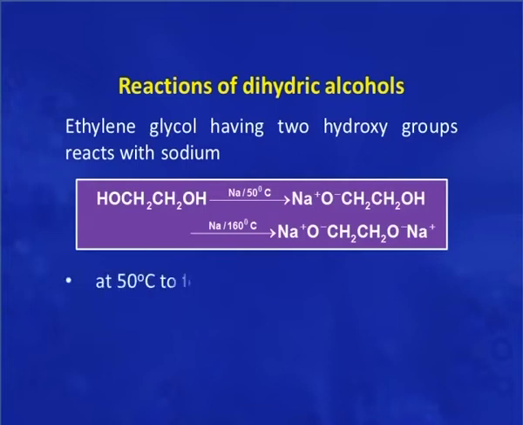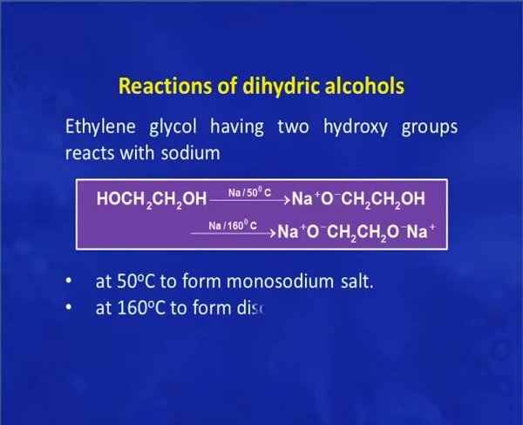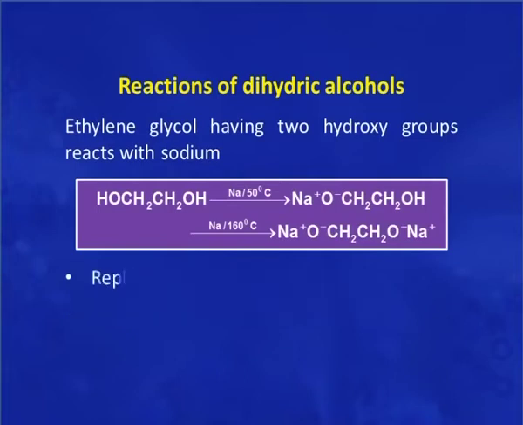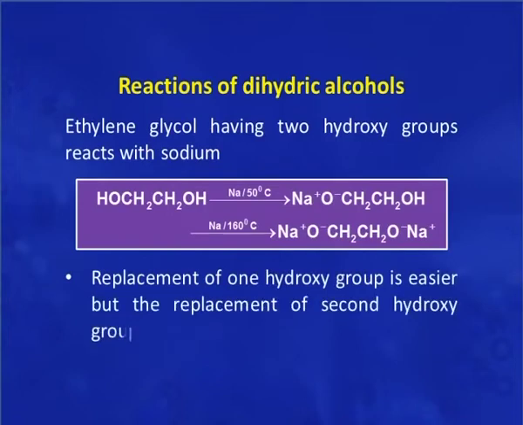You can see here that at 50 degrees, when the reaction is done with ethylene glycol, monosodium salt is formed, but if we keep on heating the solution to 160 degrees, disodium salt is formed. In other words, replacement of one hydroxy group by sodium metal is easier, but the replacement of the second hydroxy group by sodium metal is difficult.